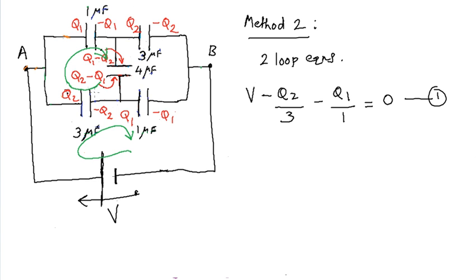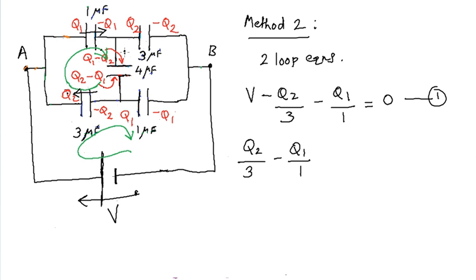If I go through this capacitor from right to left, then the potential difference I encounter is Q2 divided by 3 microfarads. Note that Q2 is in microcoulombs and this is 3 microfarads down here, so the quotient is going to be in volts. Similarly, when I go through the top capacitor from left to right like that, the potential difference that I encounter is minus Q1 divided by 1 microfarad.